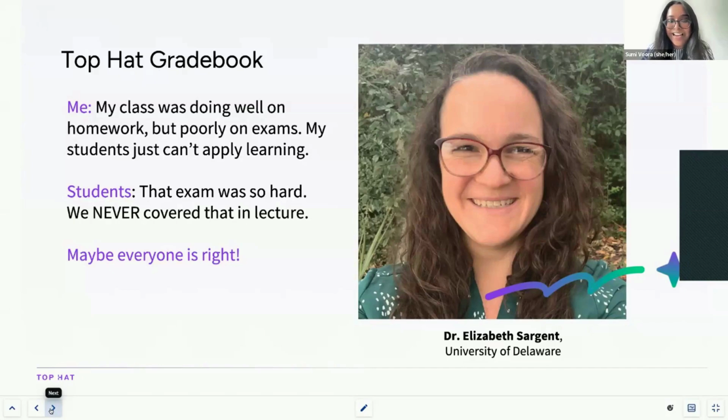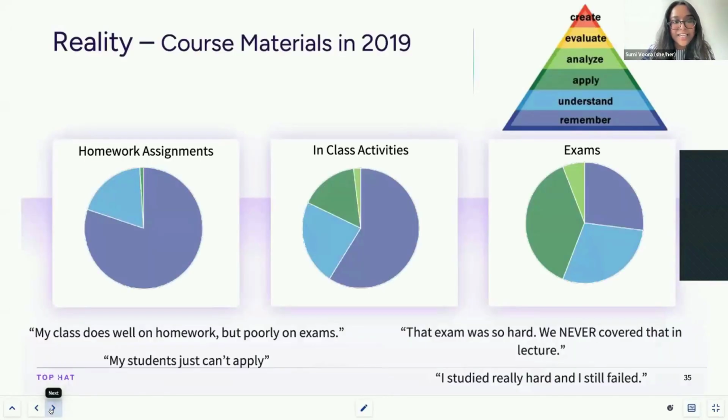So as we can see on the next slide, a lot of her homework and in-class activities tended to focus more on the lower rungs of the taxonomy, where exams skewed more towards the higher order apply and analyze questions. These insights helped her revamp her course in a way that was better to allow her to scaffold learning so that students were more successful, but more importantly, more exposed to higher order thinking earlier on.